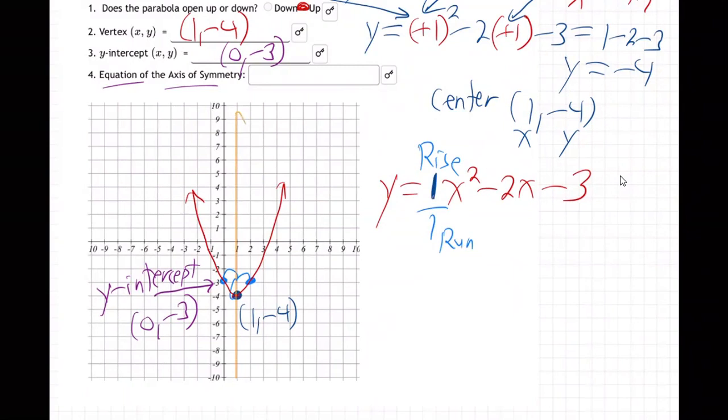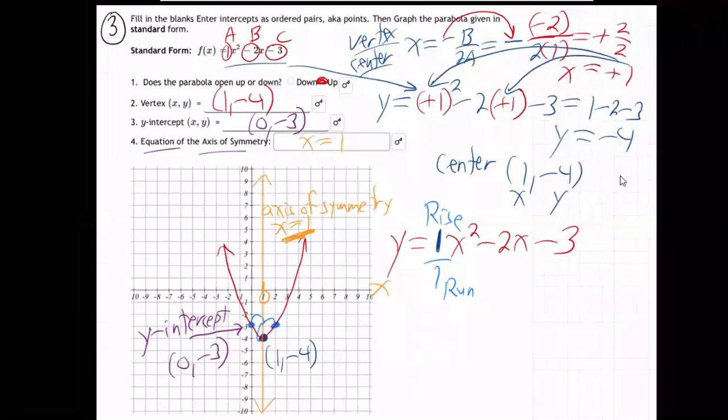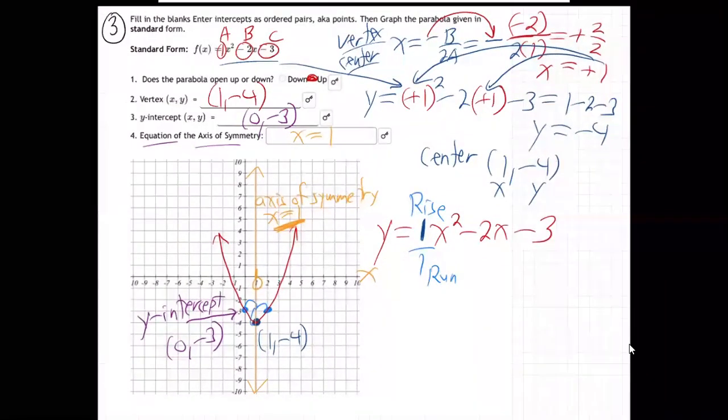That's the axis of symmetry, which is the line that splits the U shape. The graph is symmetric. It's the same on both sides. That is the line x equals 1. Why? Because it hits the x-axis right at 1. You see that? Right here at 1, it goes through the x-axis. x equals 1. And that's all they want from us there on number 3.